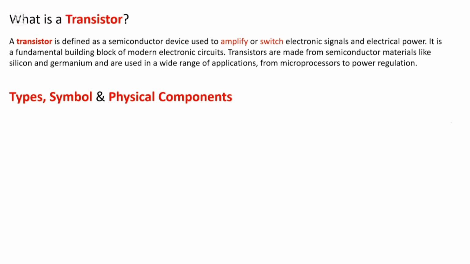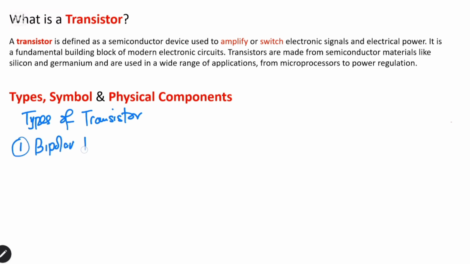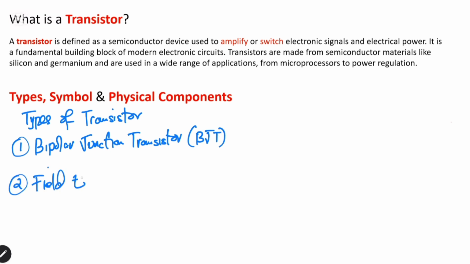Firstly, when we look at the types of transistor, we have two main types. One is known as the bipolar junction transistor, or what most people call the BJT, and the second one is the field effect transistor.